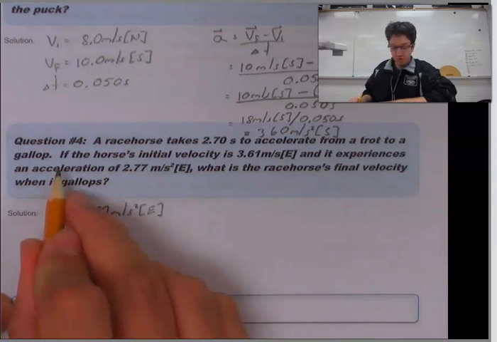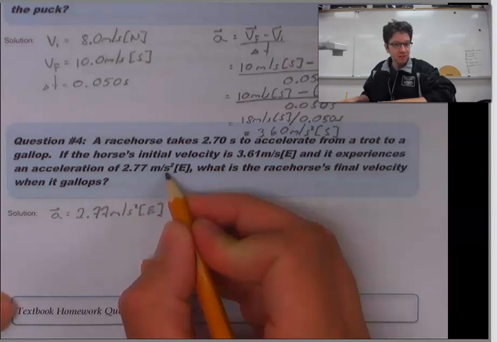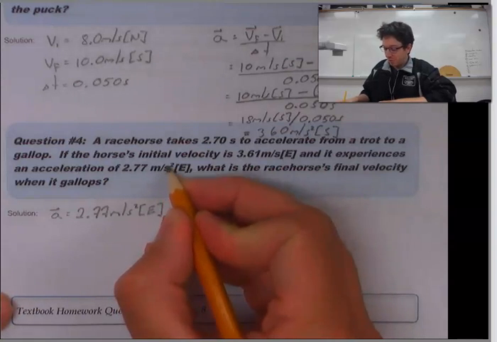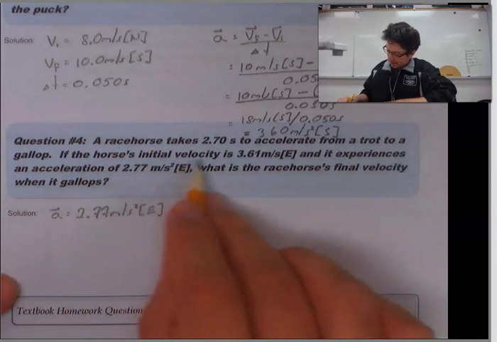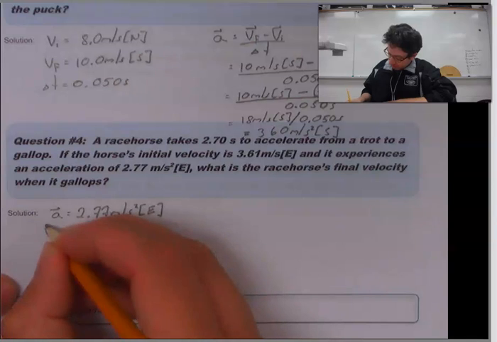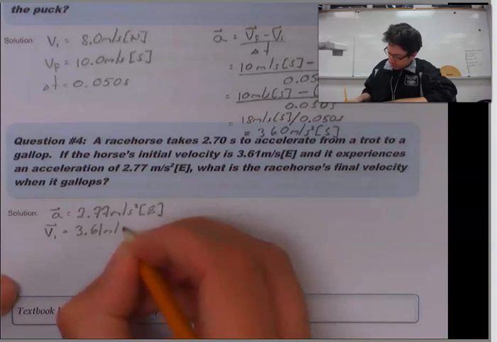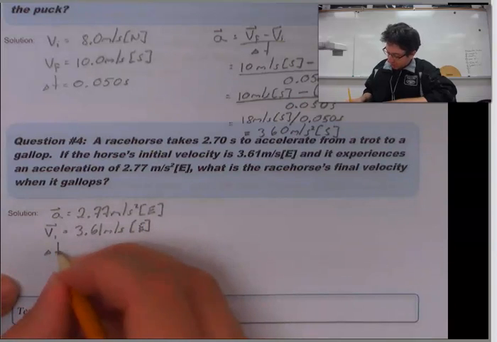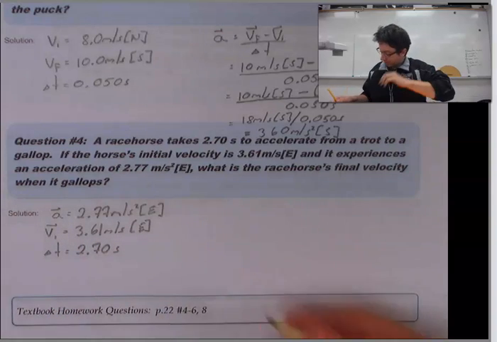And if I ever don't use the word acceleration, an easy way to determine that it is acceleration is just the units, because I will always write the units there. So if it has meters per second squared, you know it's acceleration. Okay, initial velocity is 3.61 meters per second east, and it gives us time, which is 2.7 seconds.